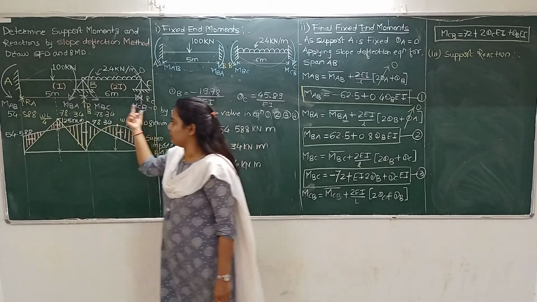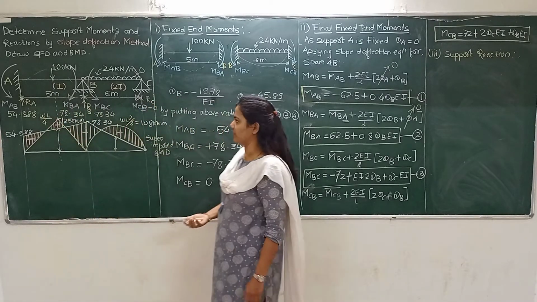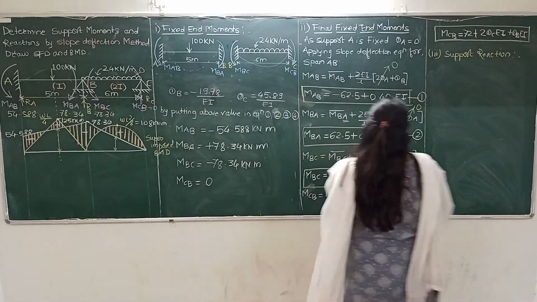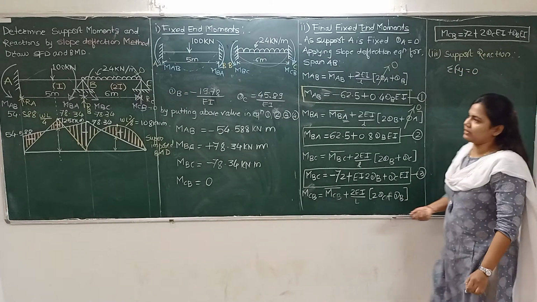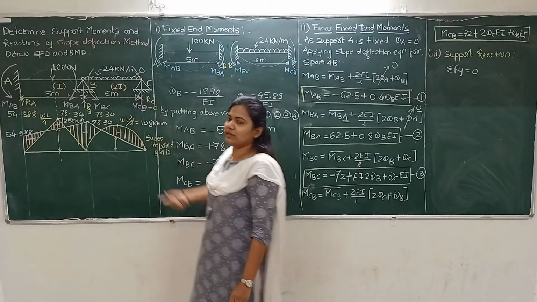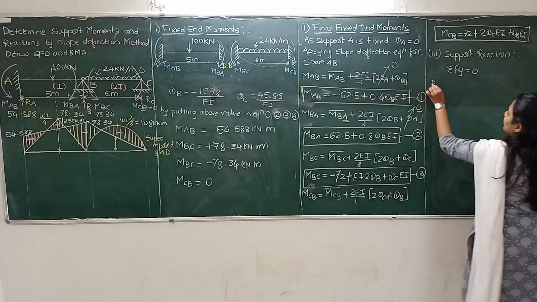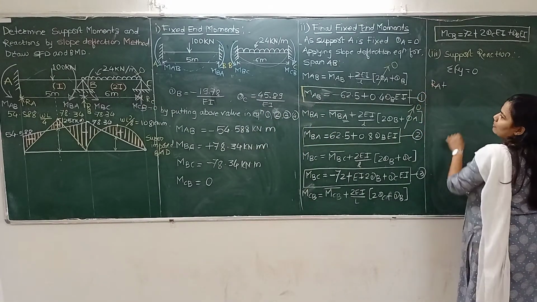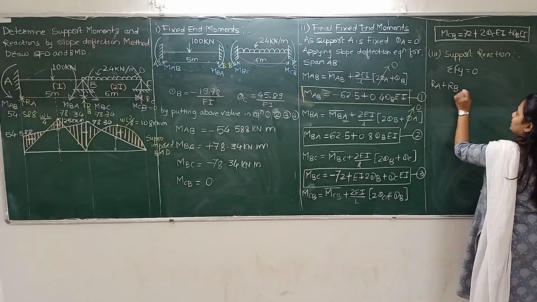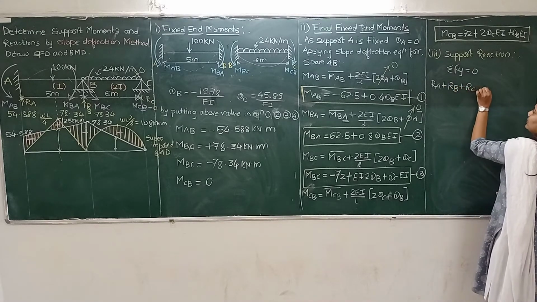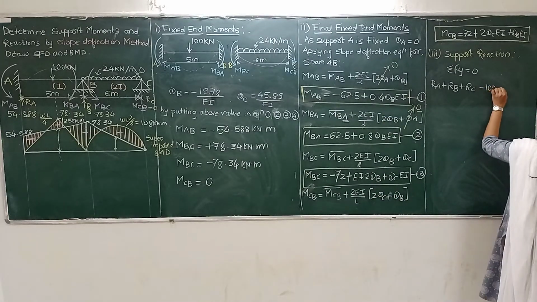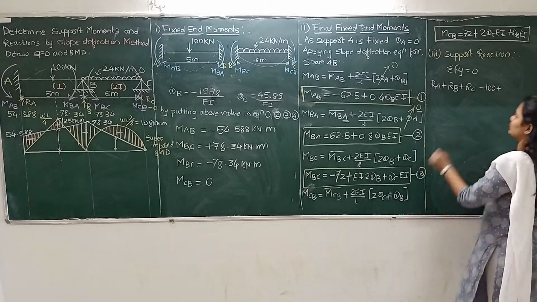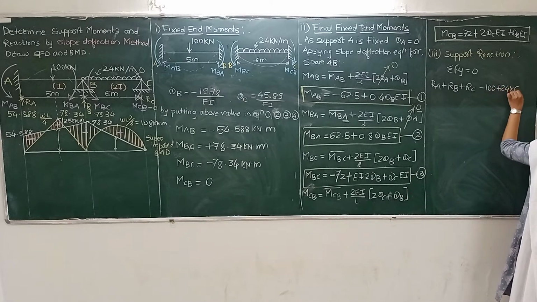So to find these reaction components, again, if you apply the condition of equilibrium, that is summation Fy is equal to 0, then for this beam, RA is acting in the upward direction, so RA plus RB, again acting upward, plus RC, minus 100 kN acting in the downward direction, so it is minus 100, plus 24 into 6, is equal to 0. That is equation number 1.